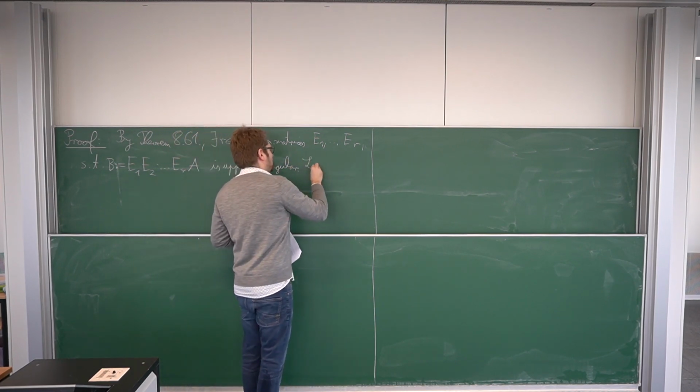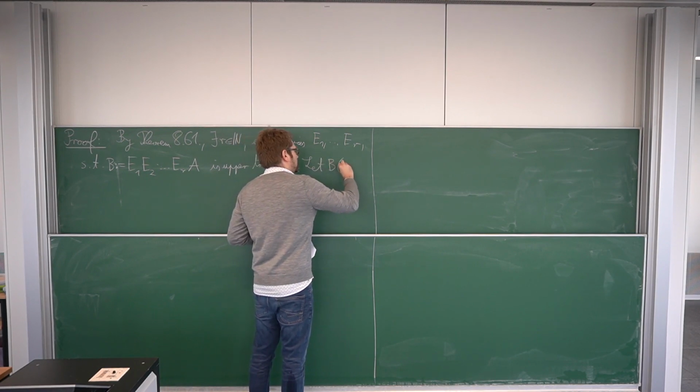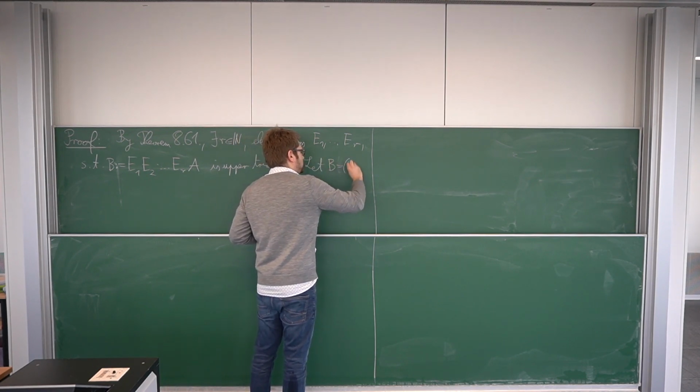And we again call the entries of B small b ij.